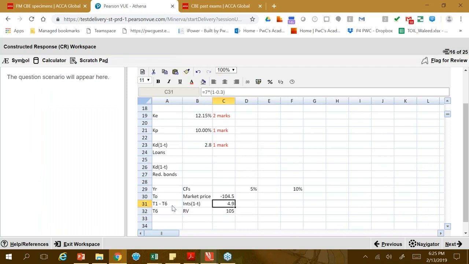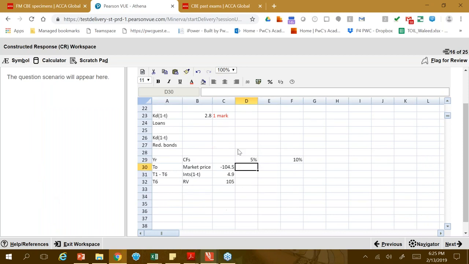So let's put the discount factors in here and discount these to find their present values. I'm going to use this above: discount factors, present value.